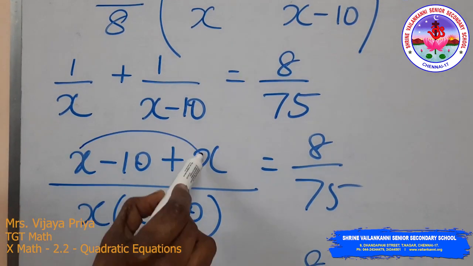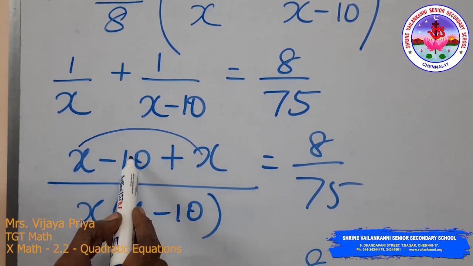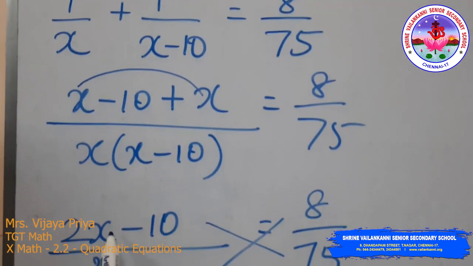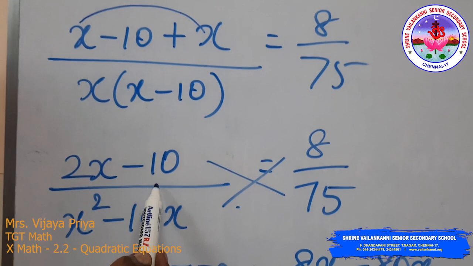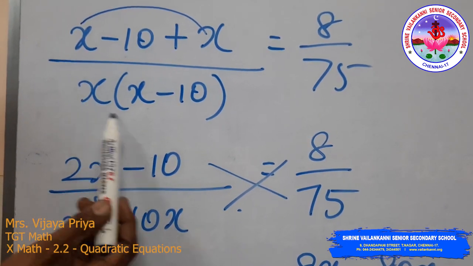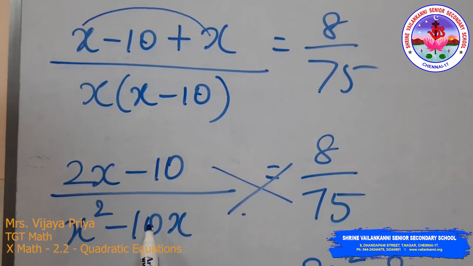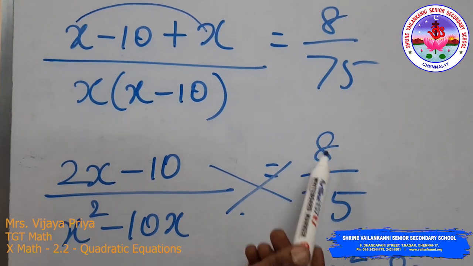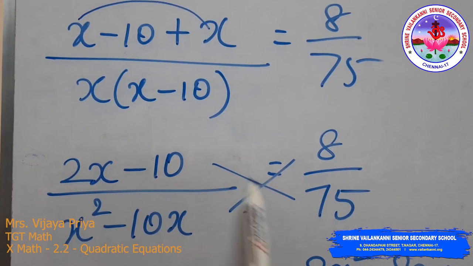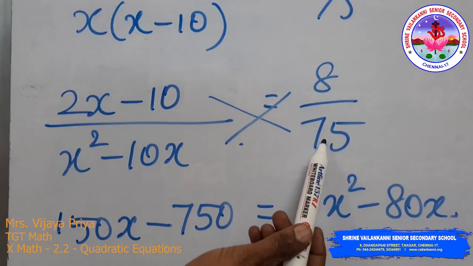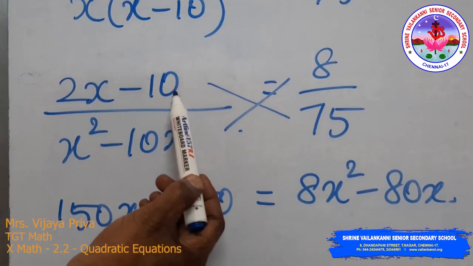So x plus x, I will get 2x minus 10 in the numerator divided by denominator x squared minus 10x, which is equal to 8 by 75. So I am cross multiplying. So 75 is multiplied with 2x minus 10.